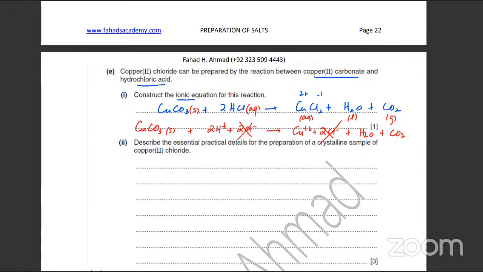It's not doing anything. Is that clear? The rest of the equation that remains, that's your ionic equation. Okay, clear? Yes. So that's your ionic equation.